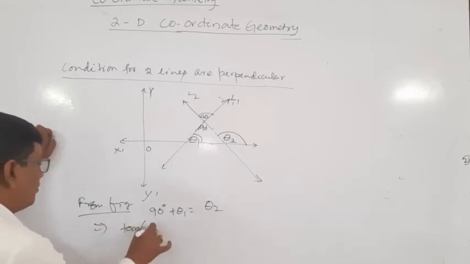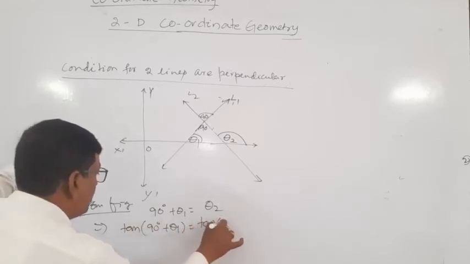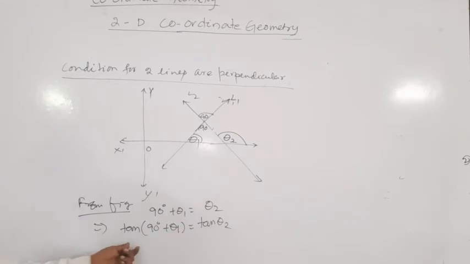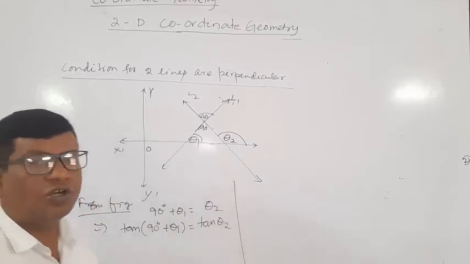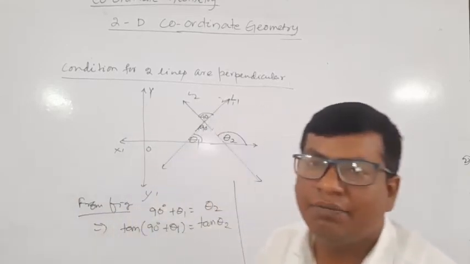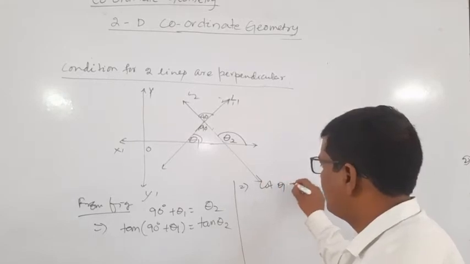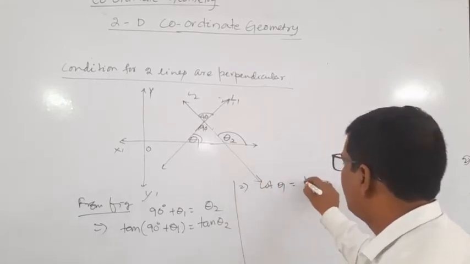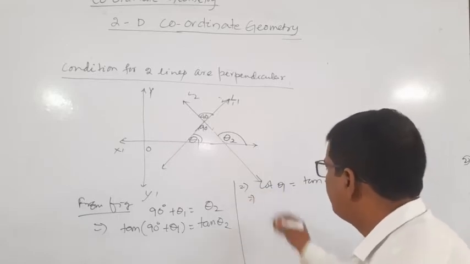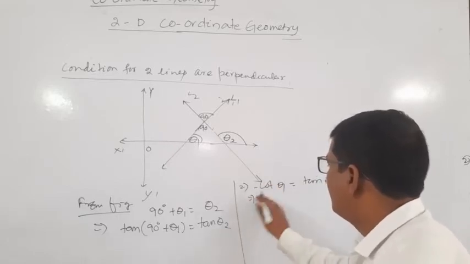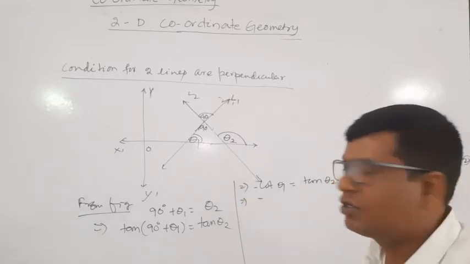Taking tan on both sides, tan of (90 degree plus theta 1) is equal to tan theta 2. Tan of (90 plus theta 1) means minus cot theta 1.